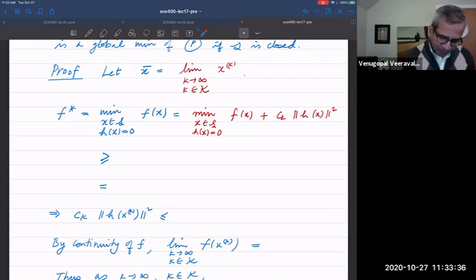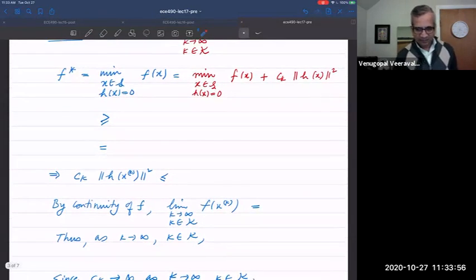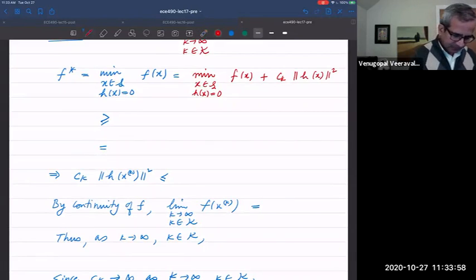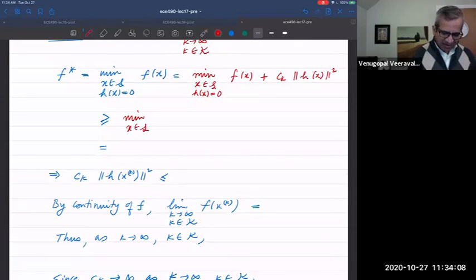But now what I'm going to do, again similar to the trick we used in proving the general sufficiency condition, is remove one of these constraints. When you remove a constraint, you're minimizing over a larger set, so that minimum value will be smaller. It can't be larger. So I just keep the constraint that x belongs to S and remove the constraint that h(x) equals 0, and I'll get a smaller value for the sum.